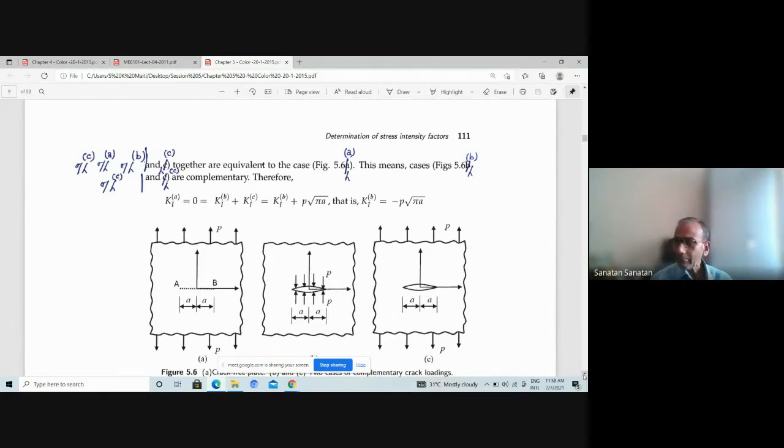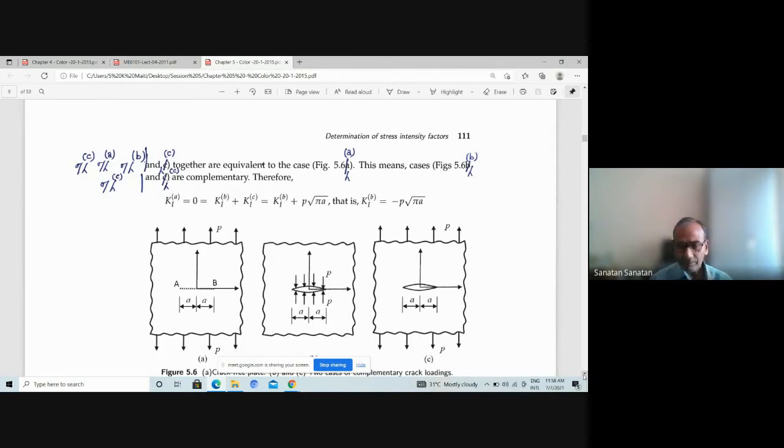What is this superposition? Suppose you consider this problem where there is no crack, and you have to obtain the solution for this type of situation. We know the solution for this case, an infinite plate with loading at the outer boundary with a crack. By superposition of these problems, I can get the solution for this case.